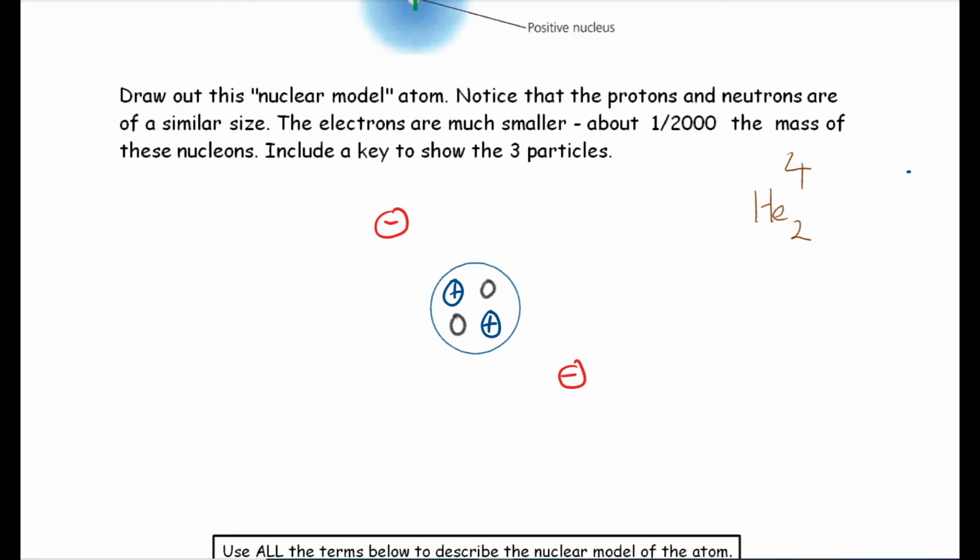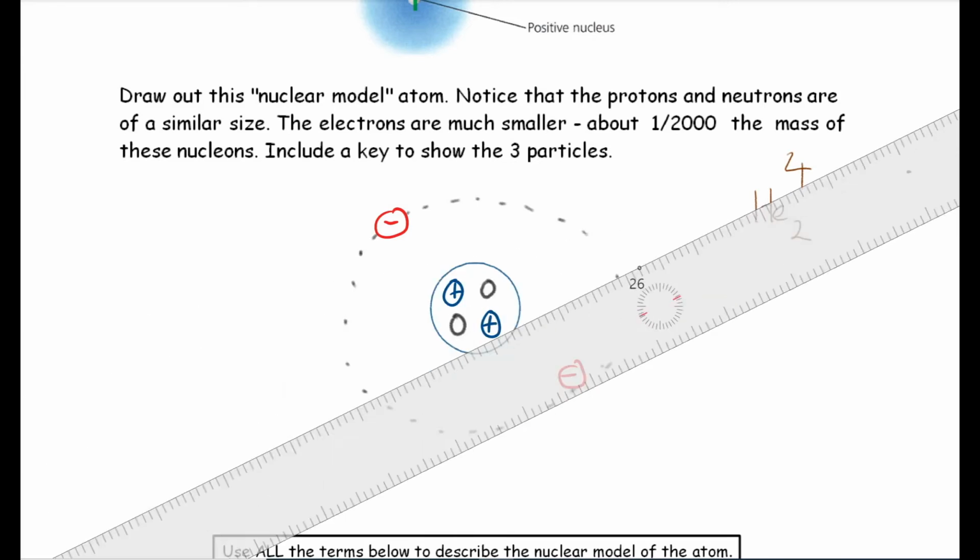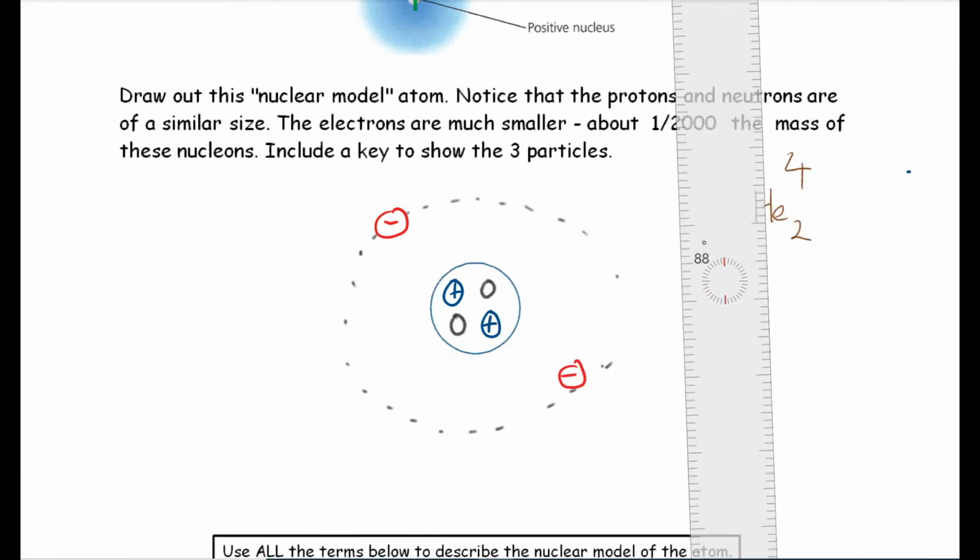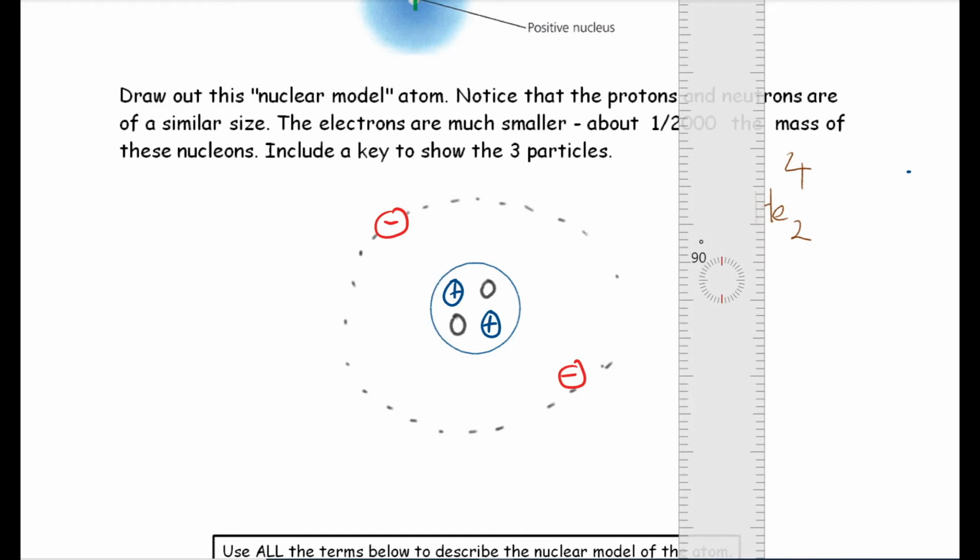I'll put a key to the side. I'll do it well to the side of the atom. And the other thing I could do here as well is just show that this dotted line shows that the electrons are orbiting around the central nucleus. A quick key then, I'll do it to the side here so as not to confuse with the atom itself.